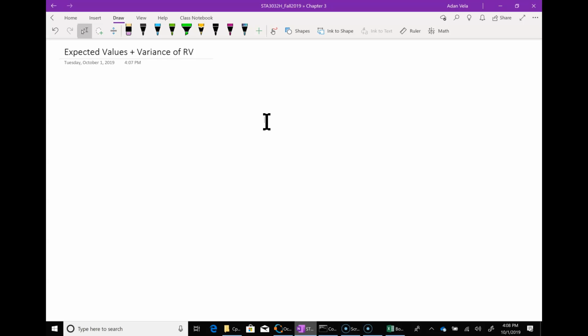Okay, so we're going to start off with the definition of what the expected value is. And we're going to do this for a discrete random variable in particular.